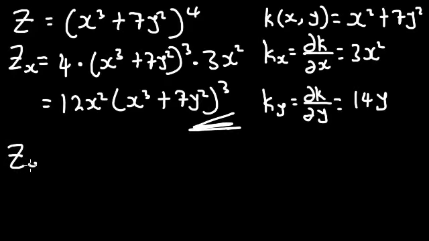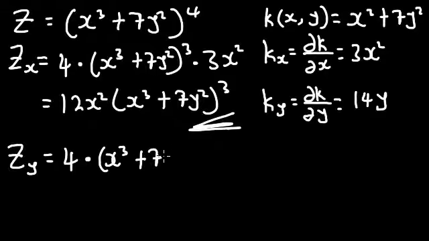Likewise, z sub y. For z sub y, that would be almost the same as this, but the difference is that instead of having this, we would have this. So what I'm going to do is I'm just going to write this straightforward, as that will be 4 multiplied by x to the power of 3 plus 7y squared all to the power of 3, then multiply by k sub y, which is 14y.